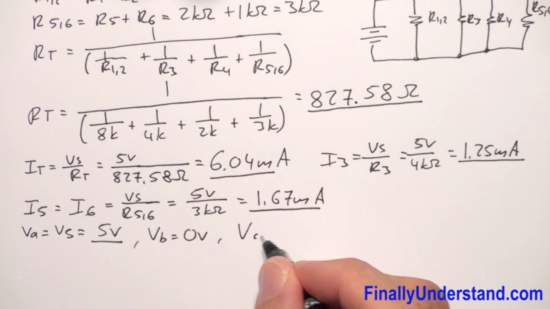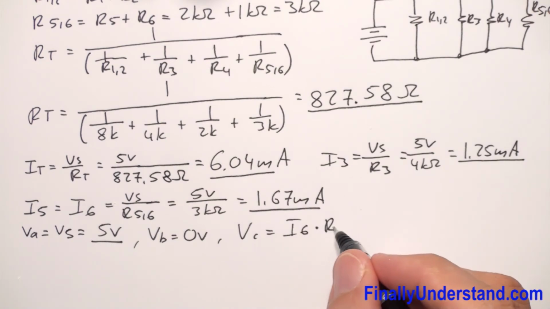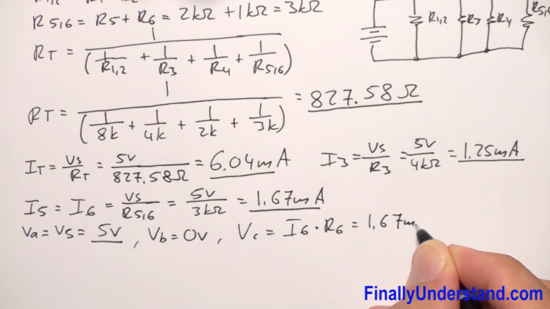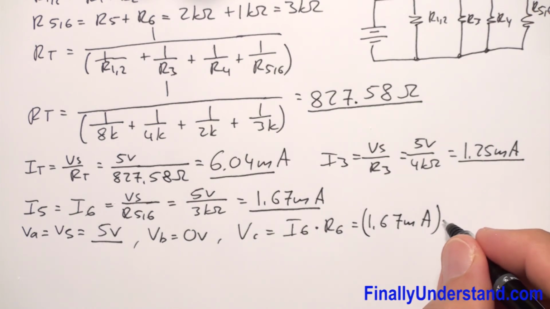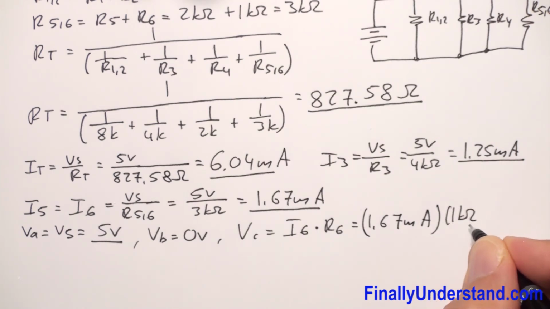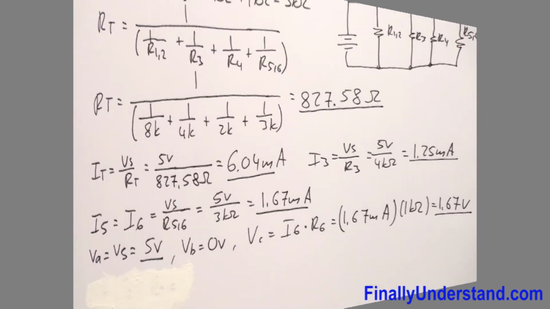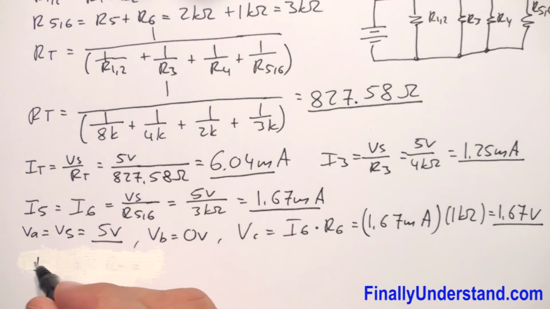VC is equal to I6 times R6, where I6 is equal to 1.67 milliamps times R6, 1 kilo ohm. This is equal to 1.67 volts. So this is my VC. I forgot to find I12, so let me find this right now.